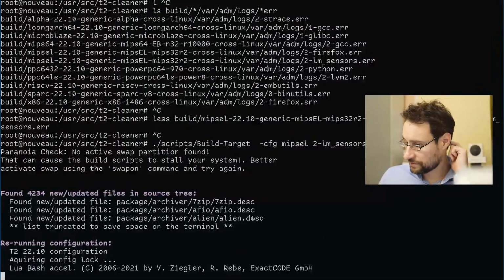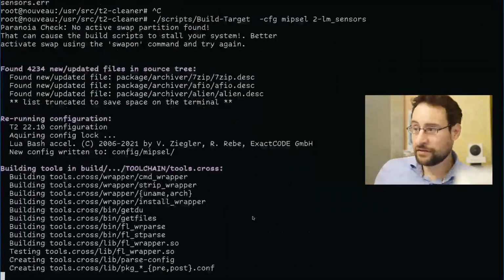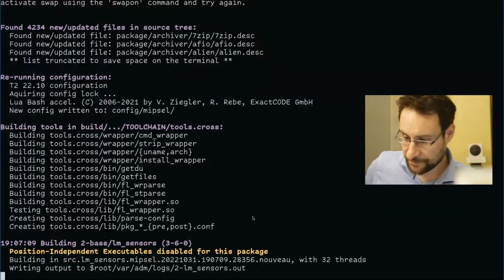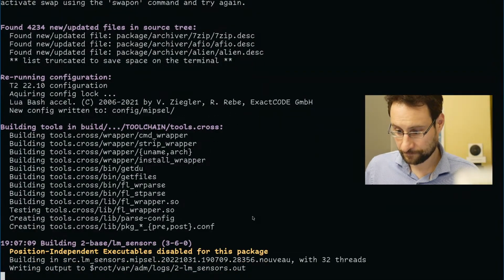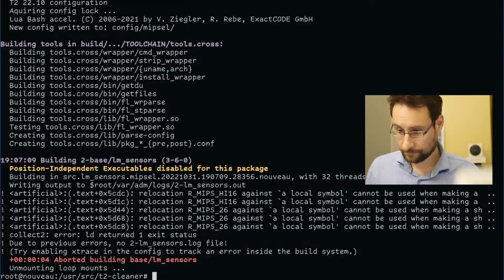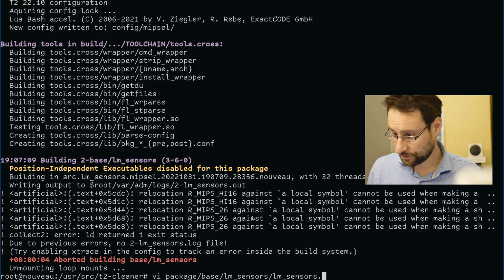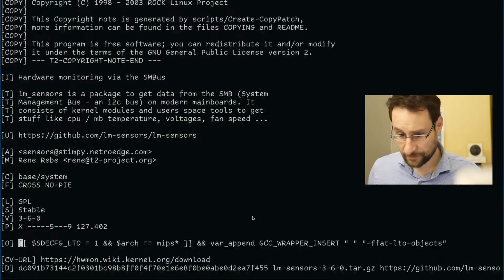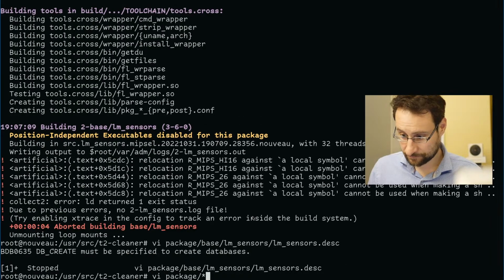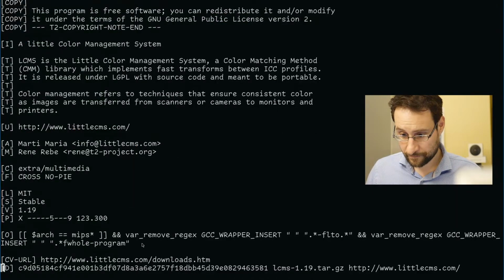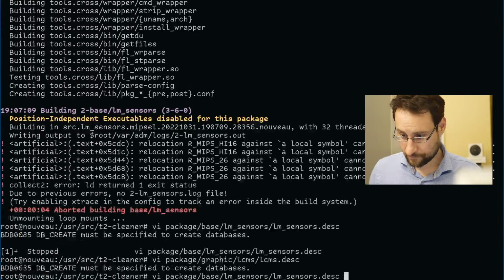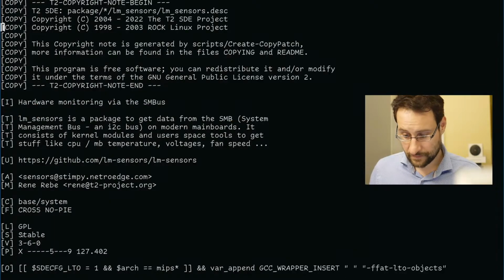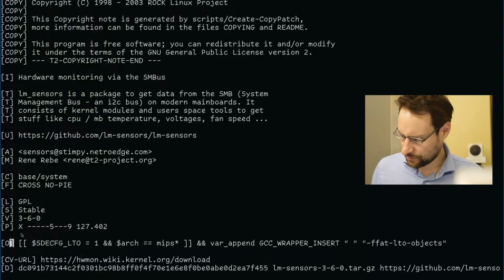Don't tell me I committed that with a broken LTO workaround. Apparently I committed that with a broken workaround. Which other had that? LCMS maybe? Alright, one other small thing.